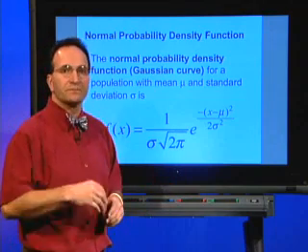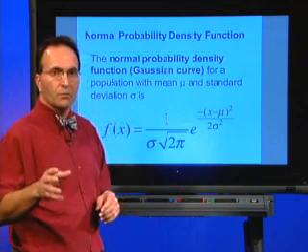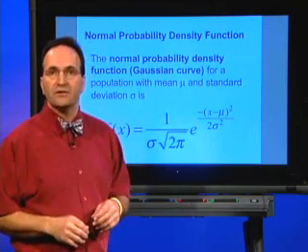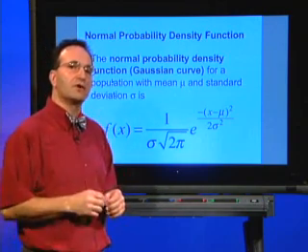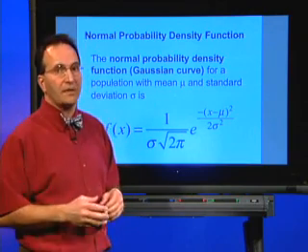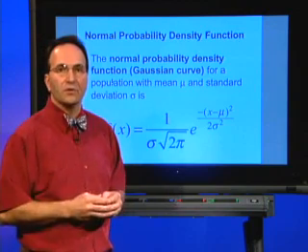The measurements needed are the mean, which is abbreviated with the Greek letter mu, and the standard deviation, which is abbreviated with the Greek letter sigma, which your calculators will approximate for you from the data that you enter.